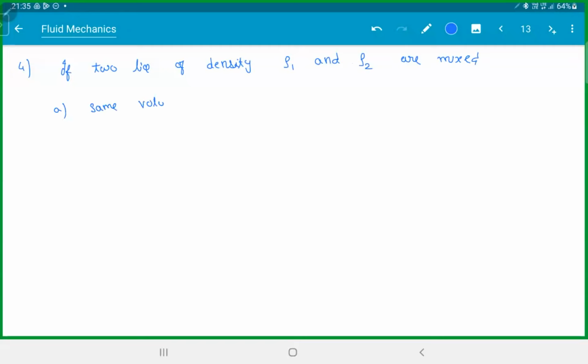So two liquids of density ρ1, ρ2, same volume is mixed. Case 2, same mass is mixed. Find average density. Get it, easy one, there's nothing there. Two liquids of same volume are mixed, two liquids of same mass are mixed. Find the average density. Get it, I'll give you a minute, easy one.